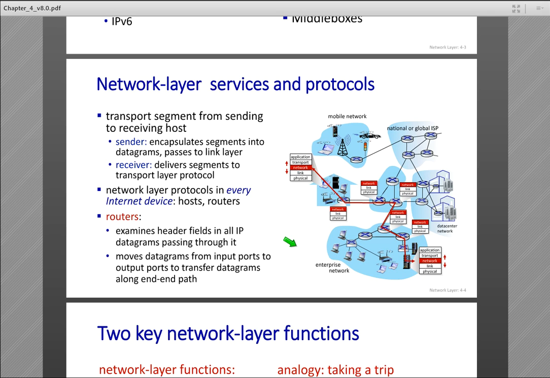So the network layer is responsible for delivering packets to the destination.